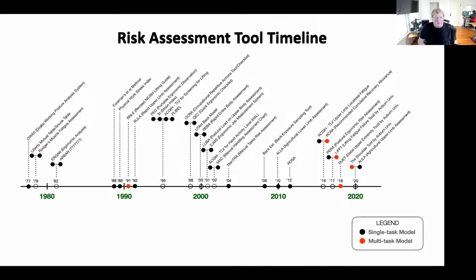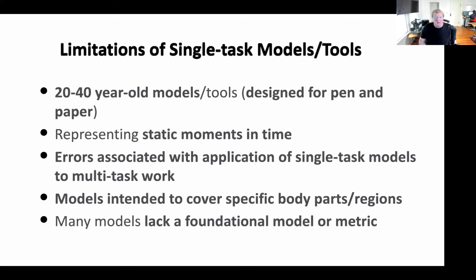So the Auburn University fatigue failure tools and the RCRA are multitask tools, and even the revised strain index, and what was the other one? But anyway, some of the tools can be made multitask, but that's more through statistical weighting and things of that nature. But it's interesting to see more of the newer tools are multitask.